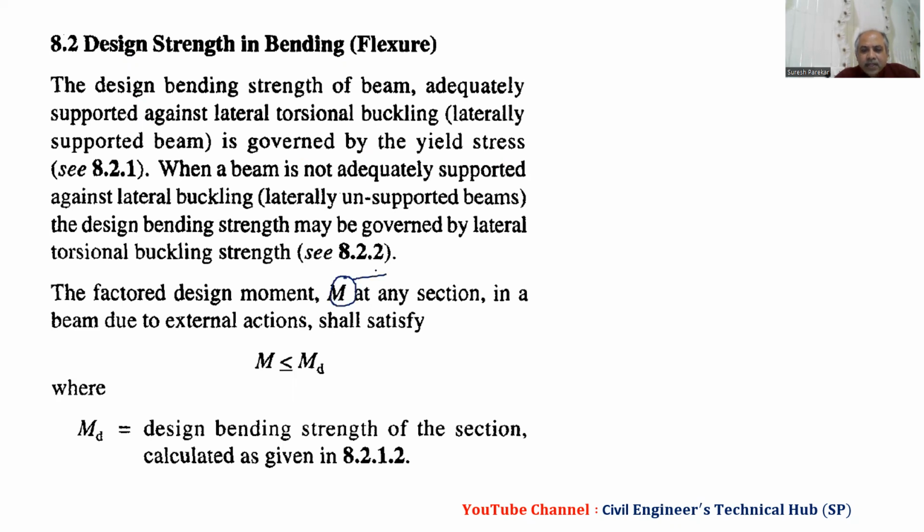This M is due to loading. Try to understand the difference between Md and M. M is due to loading, and Md, you can read here, is the design bending strength. This is a property of the section, or you can say capacity of the section.